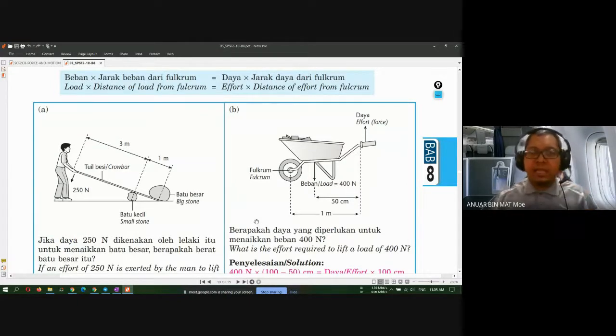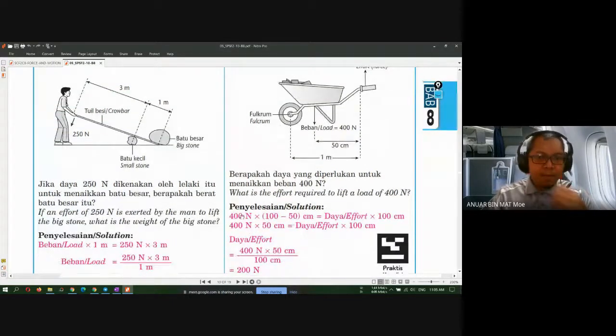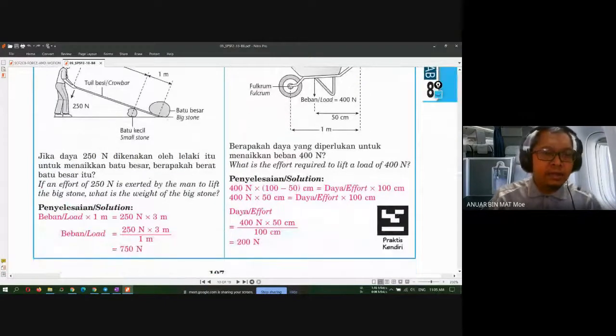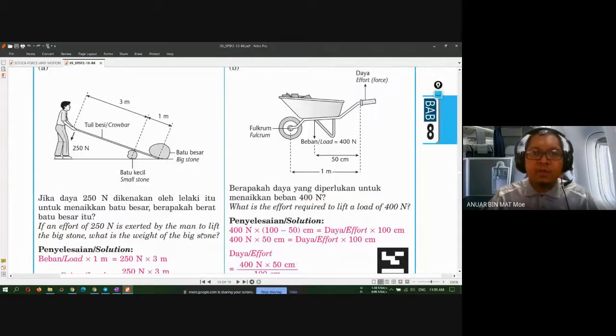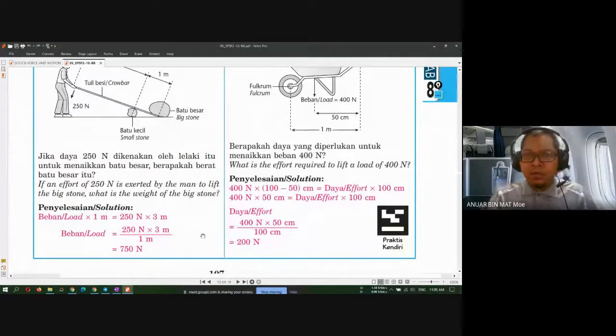So you just need to substitute the values given into the formula, and then solve the question. So question number 3A, page 107, is 750 Newton. And for question 3B, the answer is 200 Newton.